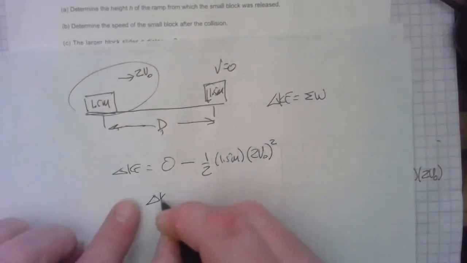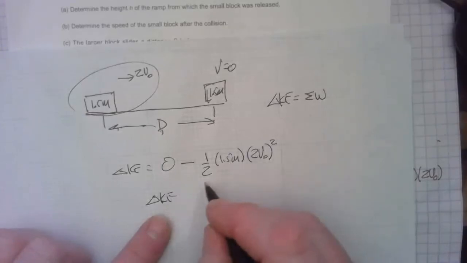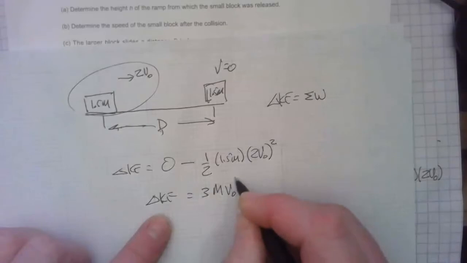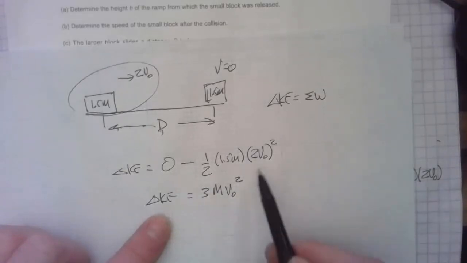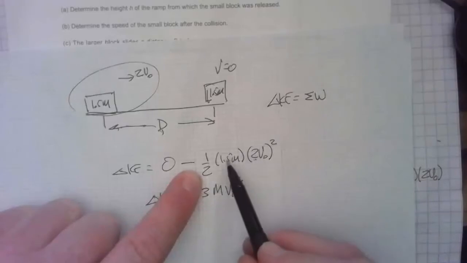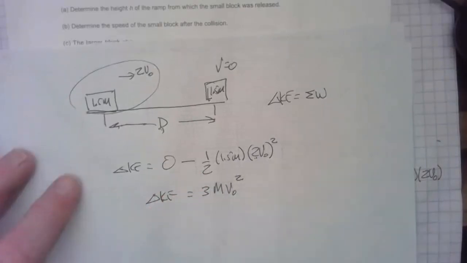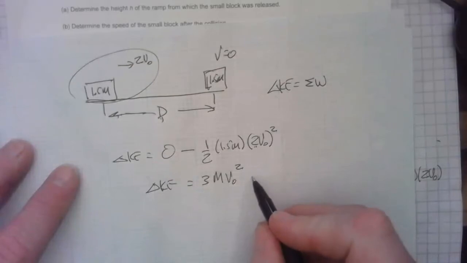So your change in kinetic energy comes out to be, let's see, that's going to be a 4, that's going to be a 2, that's going to be, if I do it right, 3m VO squared. Square the 2, that's 4, but this we're going to divide into it, make it a 2, and then 2 times 1.5 is 3. Yeah, I think I got that right.